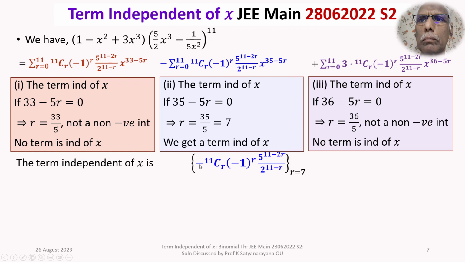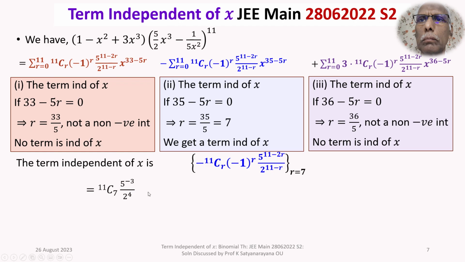Now when r = 7, (-1) to the power of 7, and there is another minus, so this is a plus, and we get 11C7 into 5 to the power of 11 - 2 into 7 = 14, that is 11 - 14 = -3, divided by 2 to the power of 11 - r, that is 11 - 7 = 4.